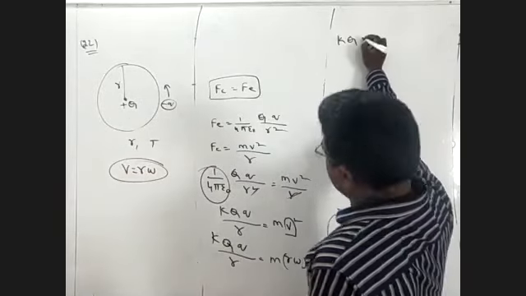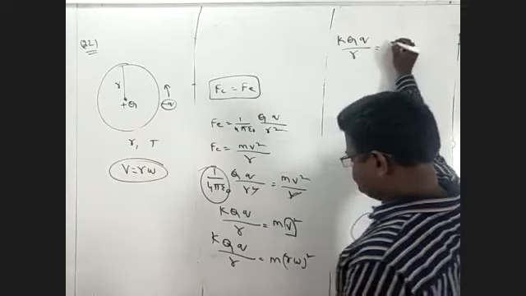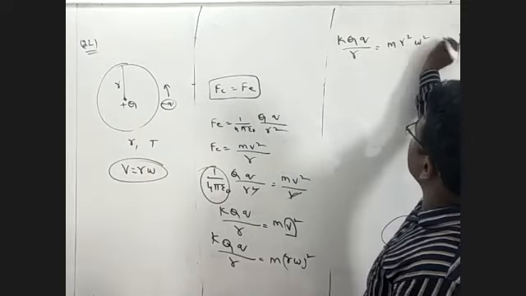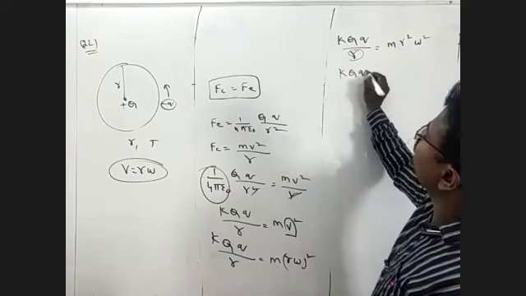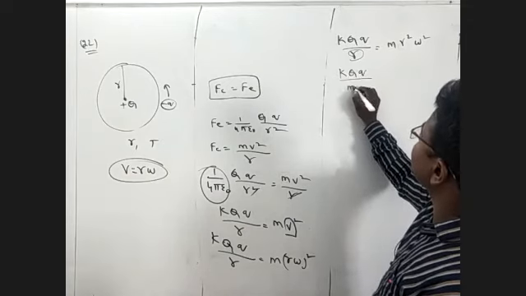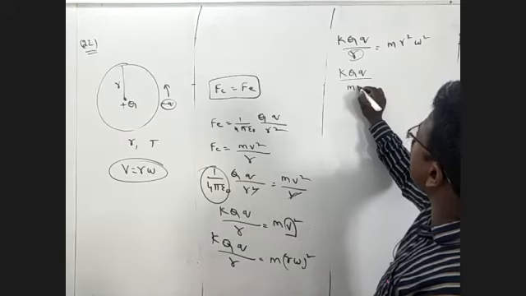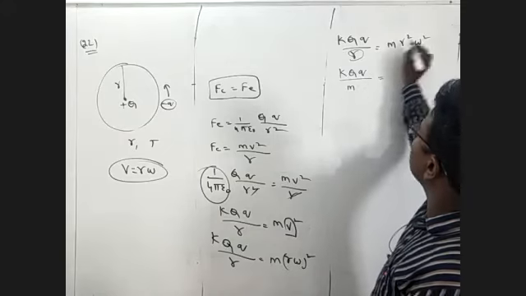So k capital Q small q by r is equal to m r square omega square. Taking r to the other side, k capital Q small q by m is equal to omega square r cube.